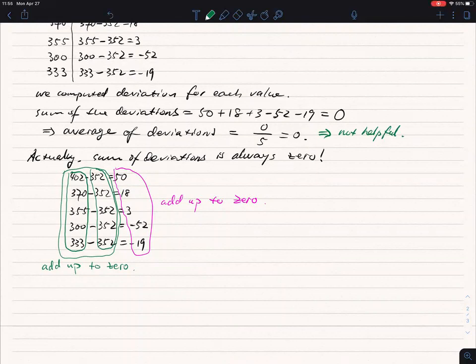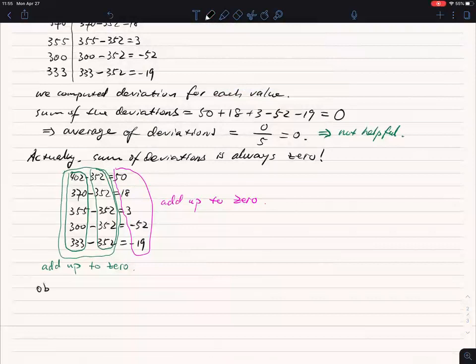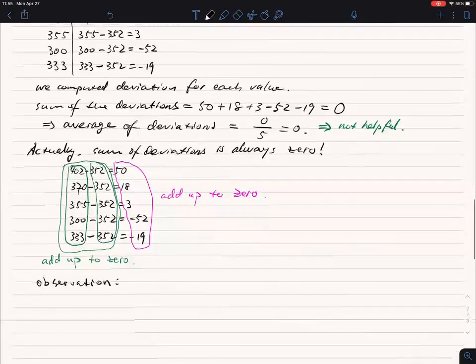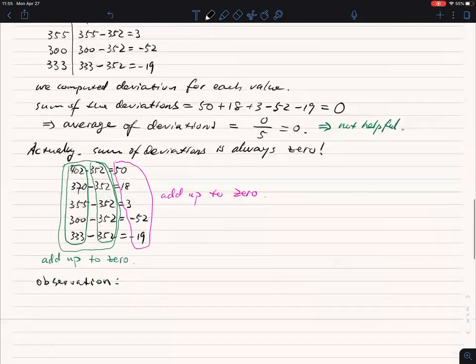Okay, so what do we do? Our observation here is, why did this happen? Because positive and negative deviations got canceled out, right? They cancel out each other.